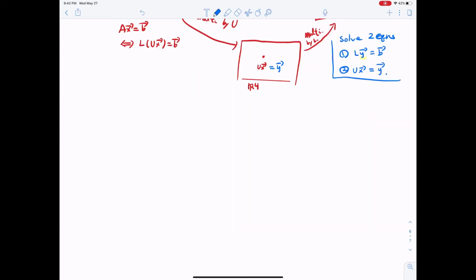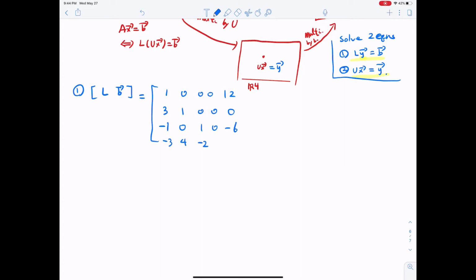So let's consider the augmented matrix. For the first one, the augmented matrix made by L and B is given by 1, 0, 0, 0, 12, 3, 1, 0, 0, 0, negative 1, 0, 1, 0, and negative 6, negative 3, 4, negative 2, 1, and 5.